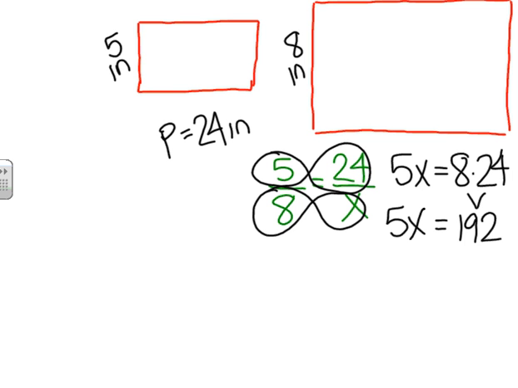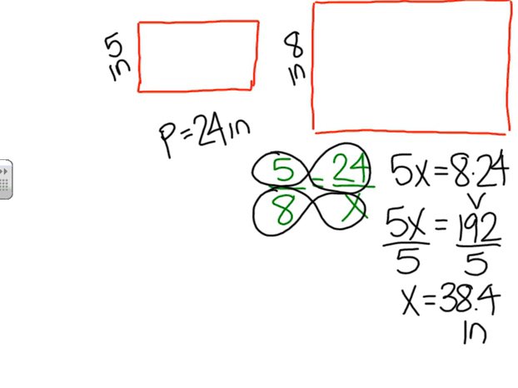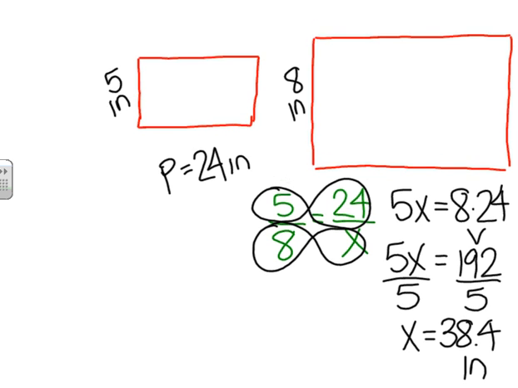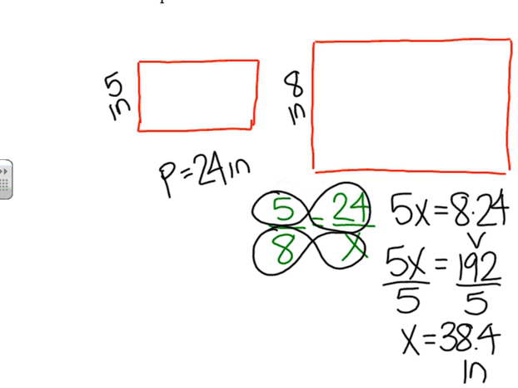And we still have 5x. Now we're going to divide both sides by 5. And we're going to get x equals 38.4, and the units were inches. So the perimeter of the frame is 38 and 4/10 of an inch.